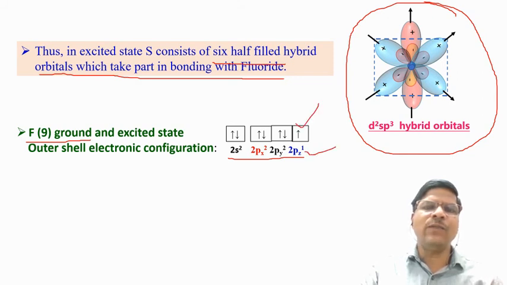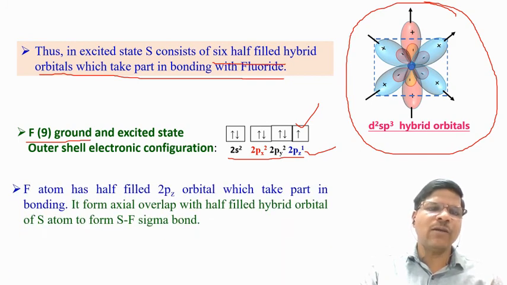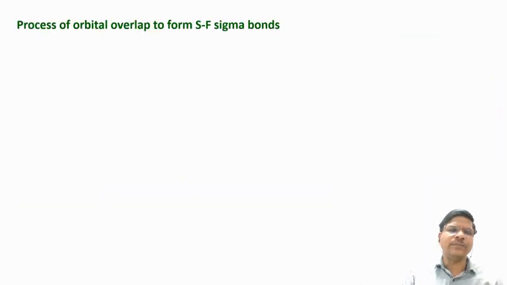The 2pz orbital of fluorine is half filled and this 2pz atomic orbital will take part in the bonding. The half filled hybrid atomic orbital of sulfur and the 2pz atomic orbital of fluorine will overlap to form a sulfur fluorine sigma bond.